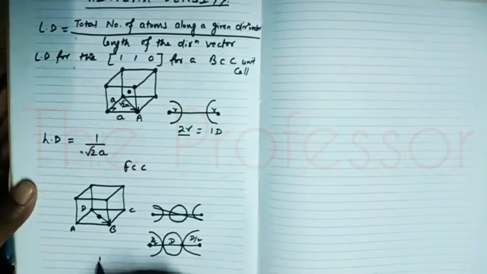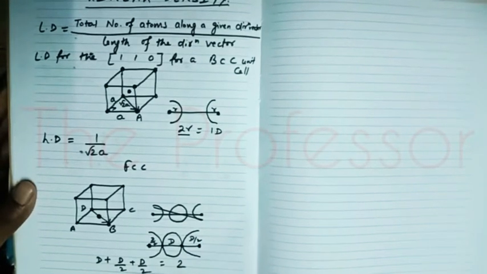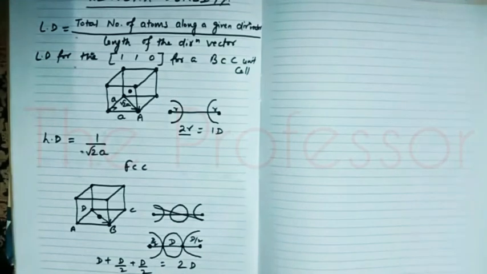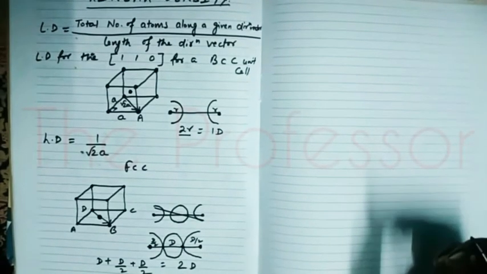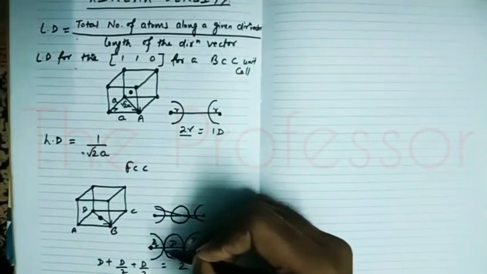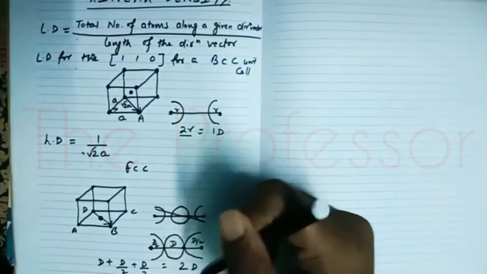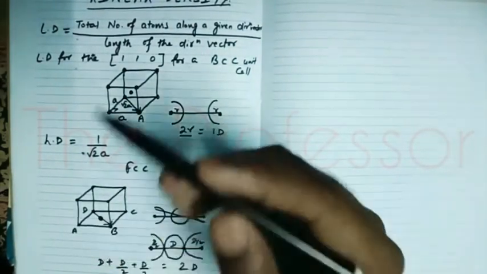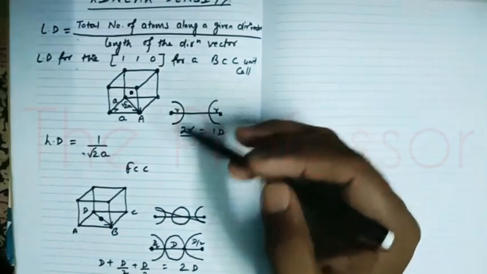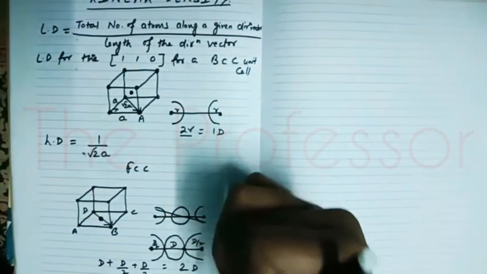We have d plus d by 2 plus d by 2, that is, we have 2 diameters along this direction vector, right? So if we have 2 diameters along this direction vector, then we have 2 atoms along this direction vector, because we calculate the number of atoms on the basis of the number of diameters along the direction vector.